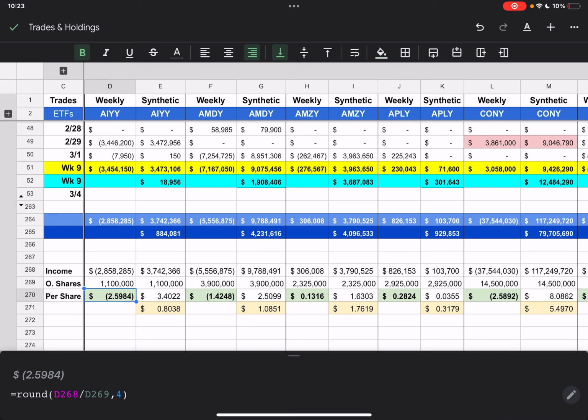However, if you look here in this case, assuming we had the other week of data here, this is showing we would have a loss of 260 for our weekly short call, but our synthetic, we actually had a gain of 340. So together we would have had 80 cents. So I don't know, that goes back to, I need to go back and listen to some of the interviews with Jay. I need to go back and reread the prospectus and all that.